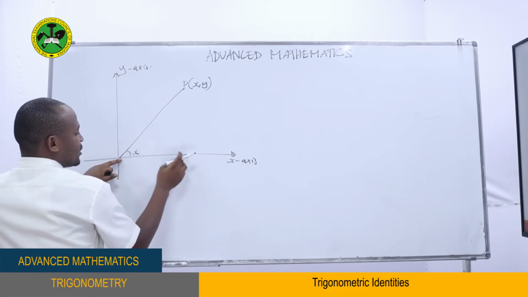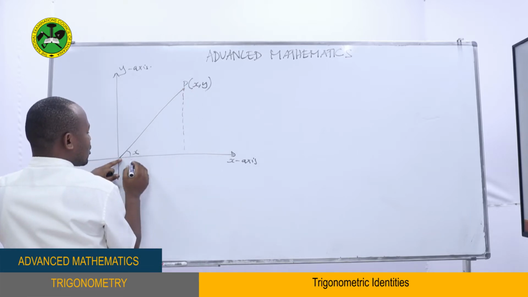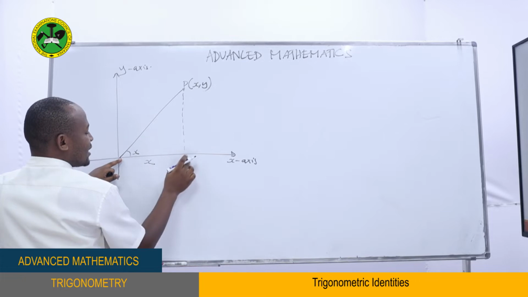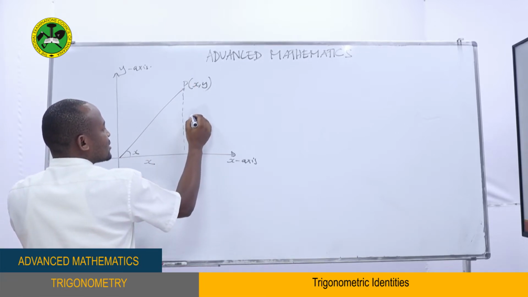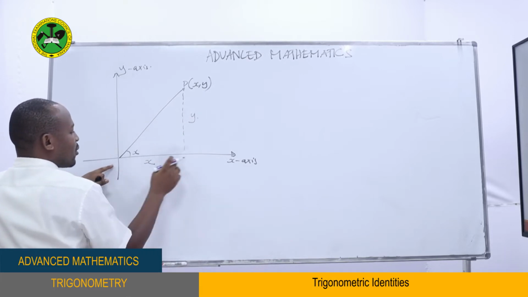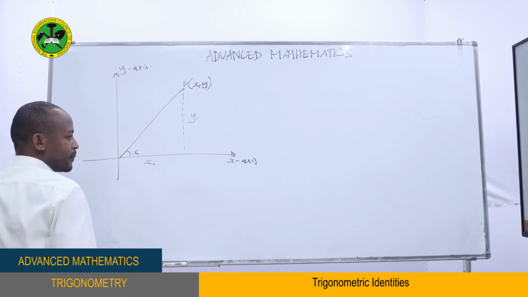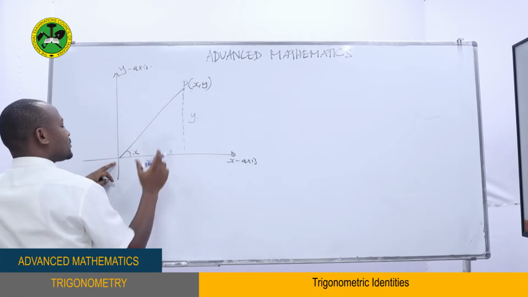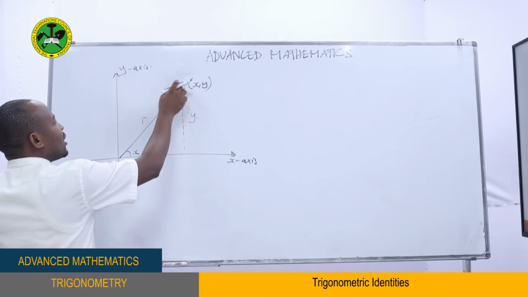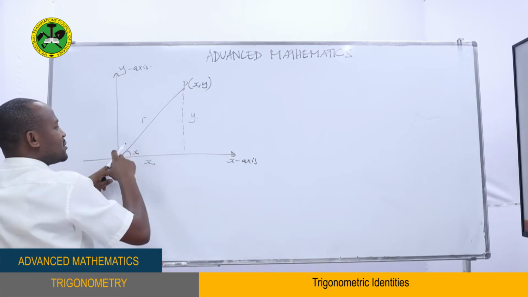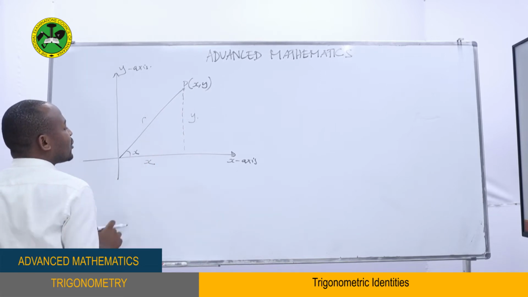The distance along x is called x, and the distance along y, from where y is equal to 0 to the point P, is called y. We can call the remaining side r. We can assume that the point rotates, so r will be the radius of the circle where it rotates.